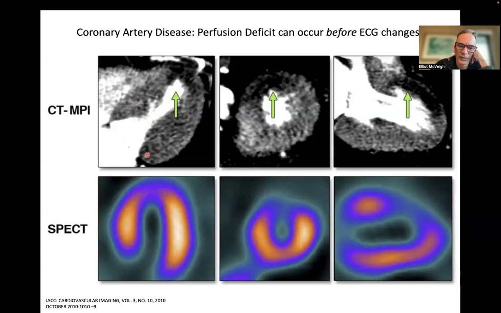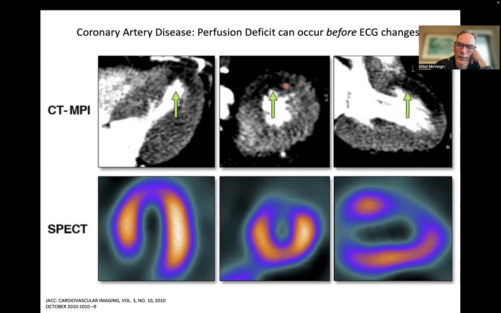And when you make that image, the contrast has had time to go into the myocardium, right? However, you can see a very detailed picture of where this contrast did not go into the myocardium in this patient. And there's an apical lesion here, or an apical flow deficit.